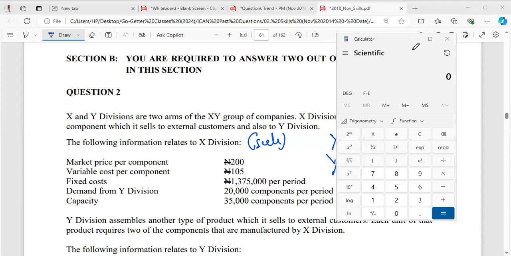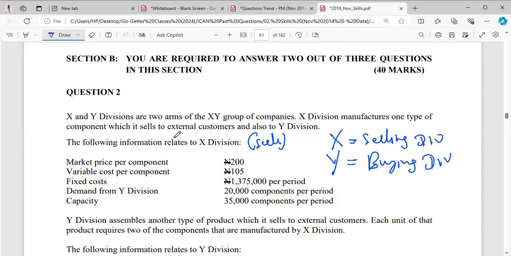Right. So the following relates to X division, which I say is the selling division. The market price per component is 200. That is what they sell to the market. Variable cost per component is 105.